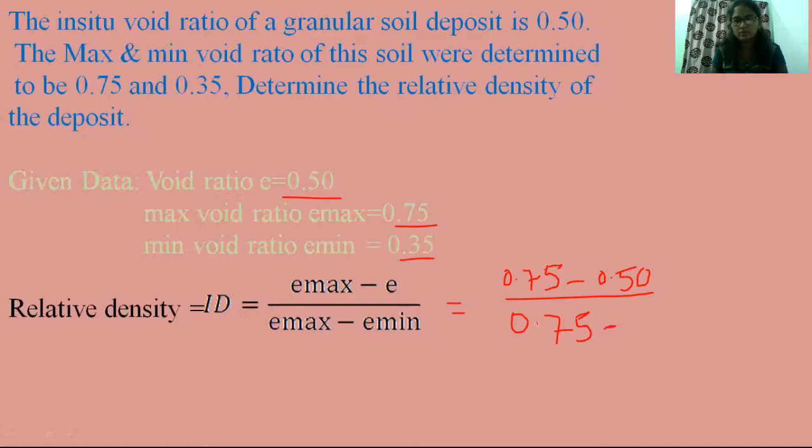What is the value of minimum void ratio? 0.35. That is equal to relative density 0.625.